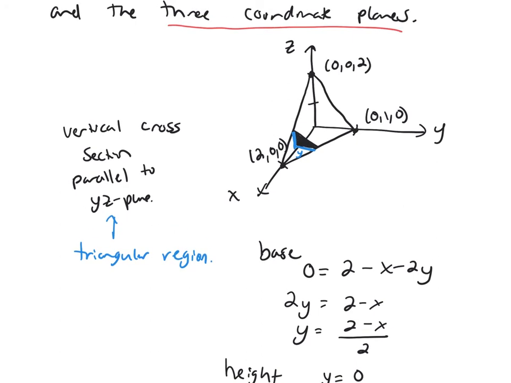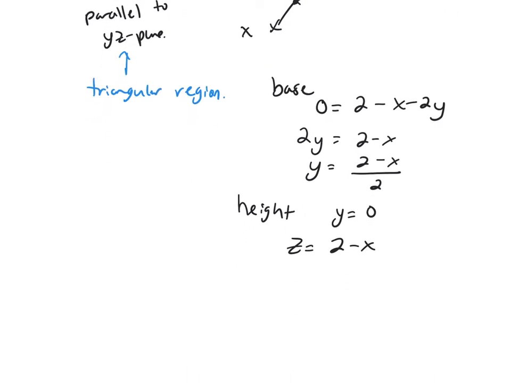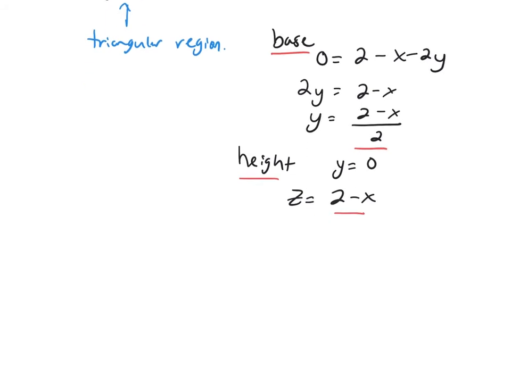And z represents the height here because z is our vertical distance right there. So here, I've now got the base, and I've got the height. So I can look at the area of this triangular cross section.